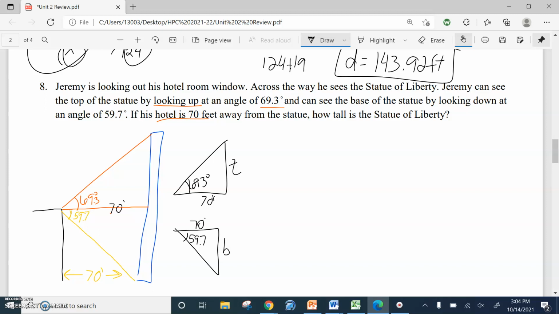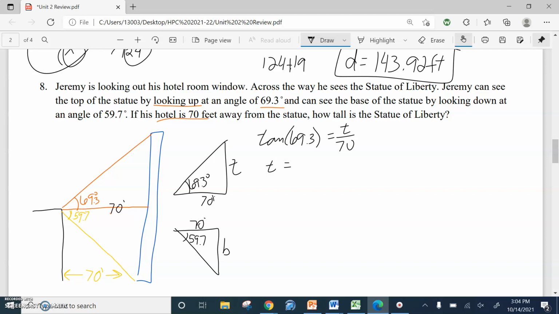So what we have is tan of 69.3, and so T is just 70 times tangent of 69.3.